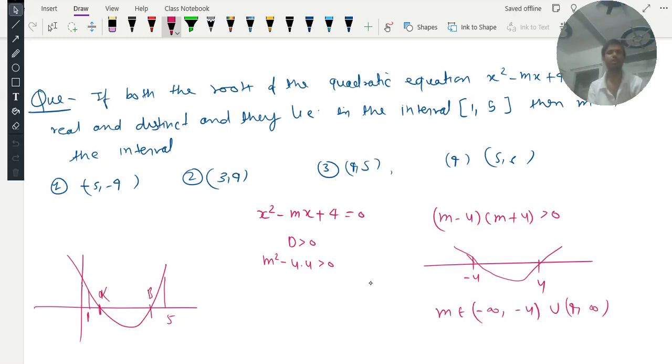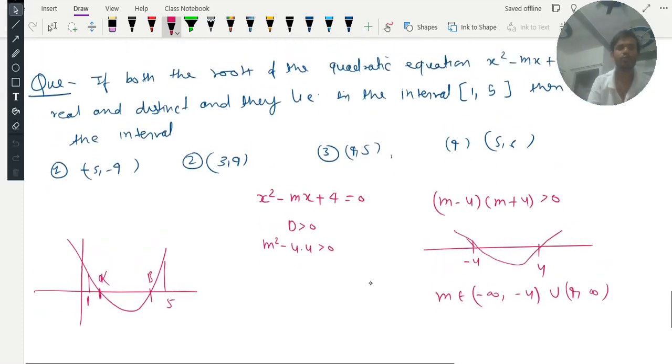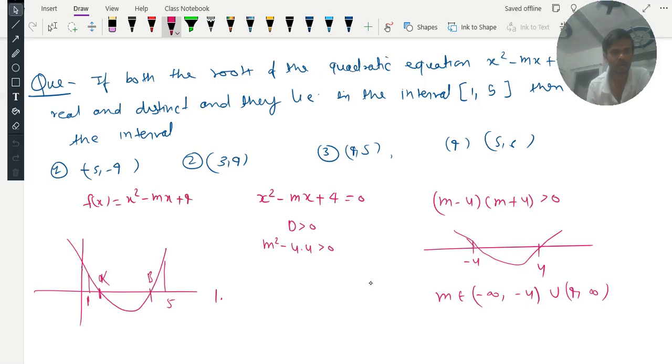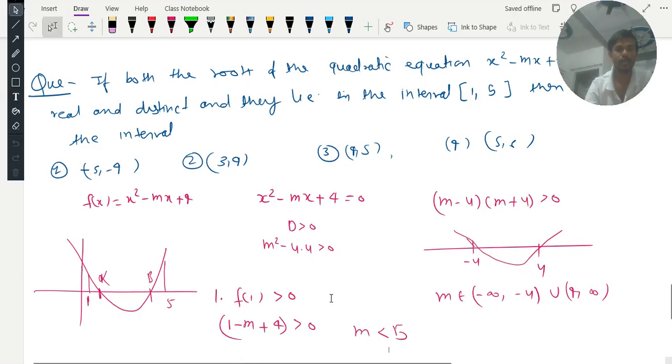So we can apply 1 into f(1) greater than 0, where f(x) equals x square minus mx plus 4. So 1 minus m plus 4 is greater than 0, from where m is less than 5.